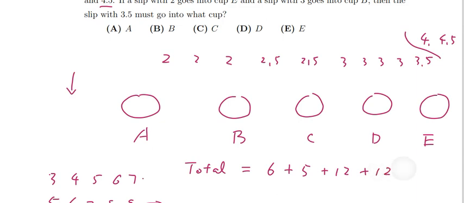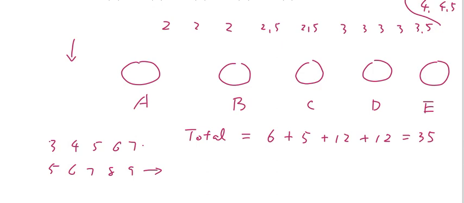That equals 35. So the sum of these 5 consecutive numbers is 35, which means the middle number should be 7. So the numbers should be 5, 6, 7, 8, 9.